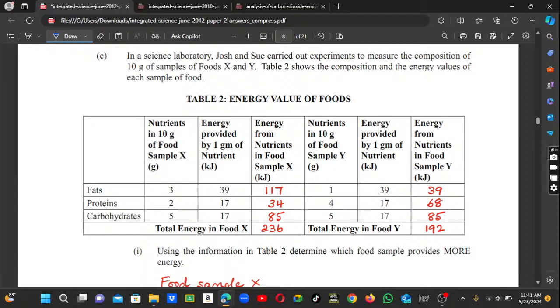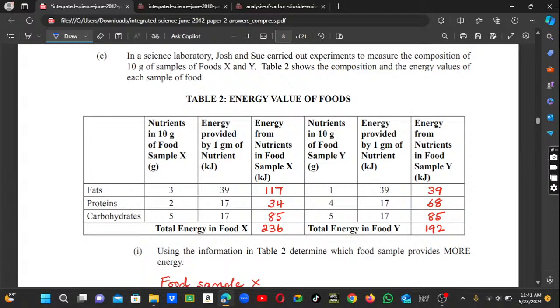All right, so it says in the science laboratory, Josh and Sue carried out experiments to measure the composition of 10 gram samples of food X and Y. Table 2 shows the composition and the energy values of each sample of food.